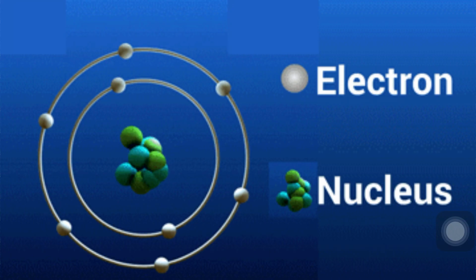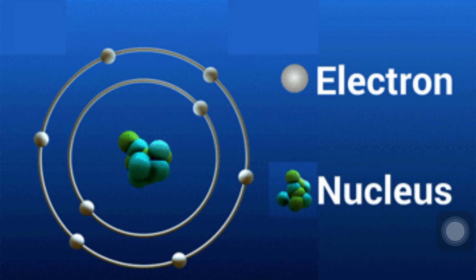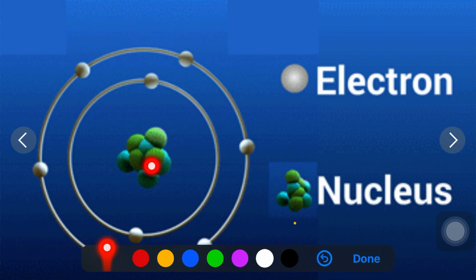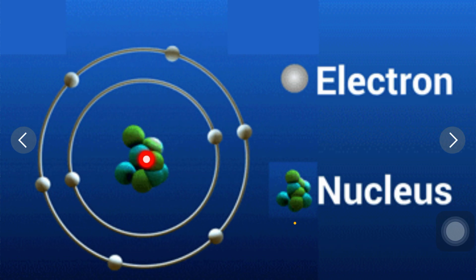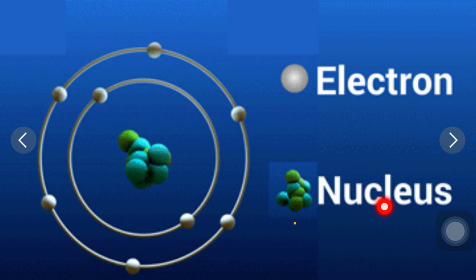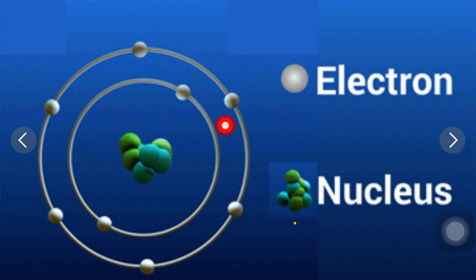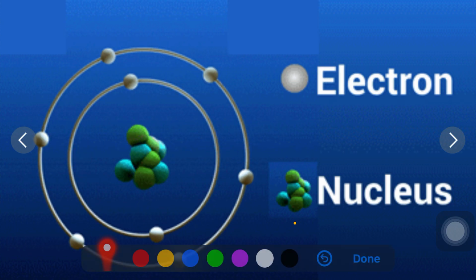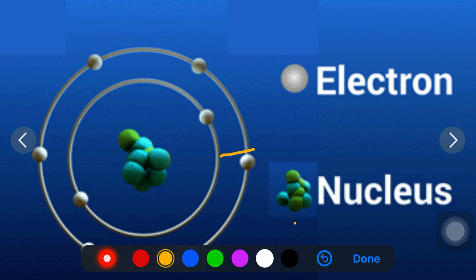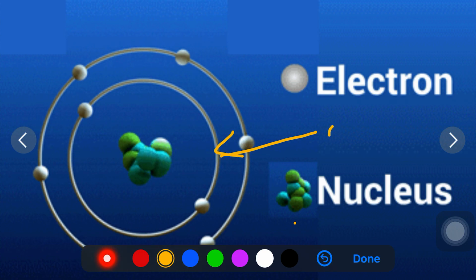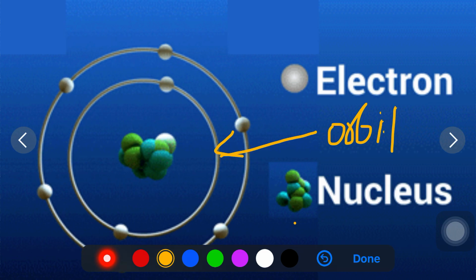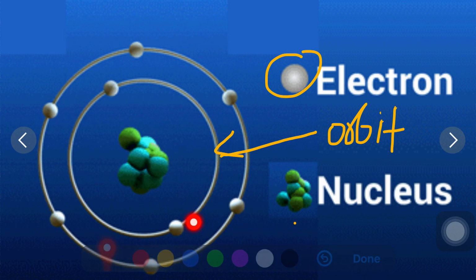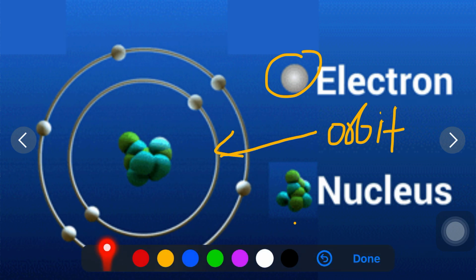Students, this picture I have put for your reference. As you can see, in the center there is a green and blue colored circle. That is nothing but the nucleus. Around that there is a silver colored circle which is called an orbit, and on that there is a silver colored dot. That is nothing but an electron. So the electron keeps on moving on the orbit around the nucleus.